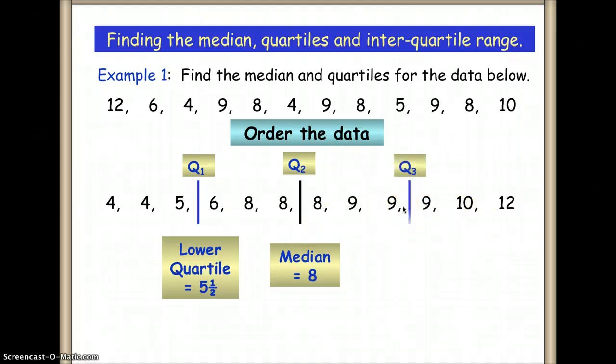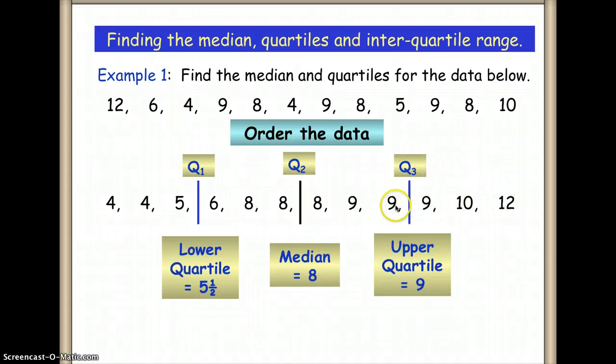That will be between the 9 and 9, with 3 data items at the left and 3 at the right. Adding 9 and 9 gives 18, divided by 2 is 9. So that's your upper quartile, which is also your 75% of your data set.